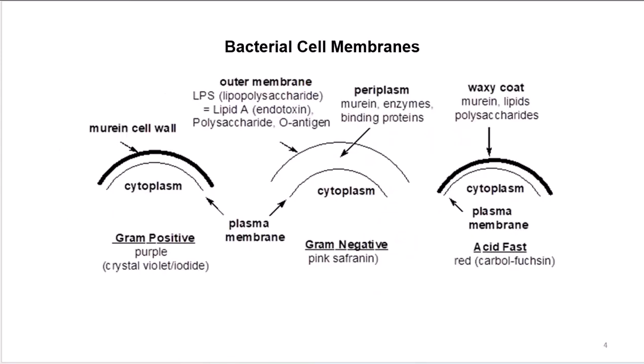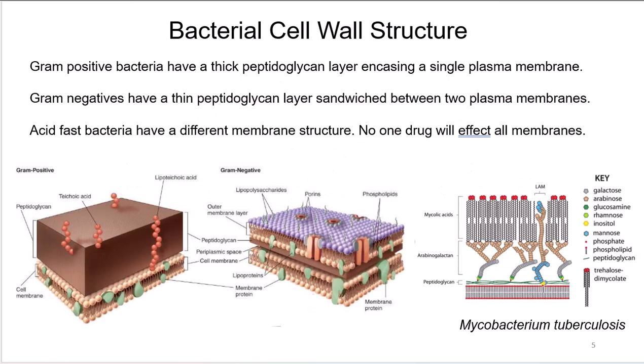Just to remind you about the different types of cells: bacterial cells, the gram-positive, the gram-negatives, and also the acid-fast with the very thick cells. The distinction is that gram-positives have a thick murein cell wall, and inside of that is the plasma membrane, whereas for the gram-negatives, you have a periplasmic space that is in between two membranes.